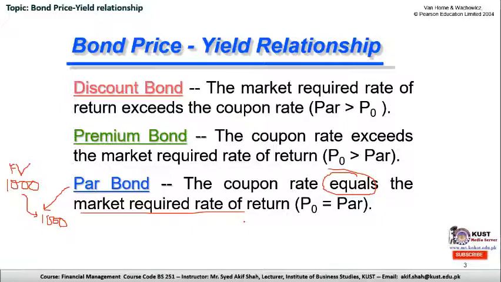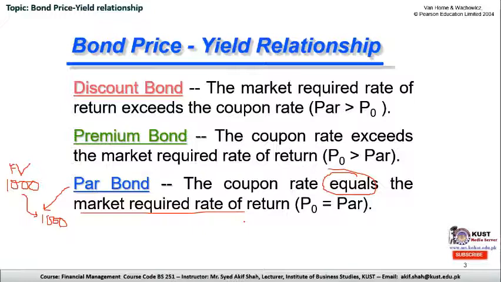So bearing all these factors into consideration, the investor normally requires a certain rate of return from a particular risky investment, and that expected rate of return is known as the market required rate of return by the investors while looking to invest their precious money.